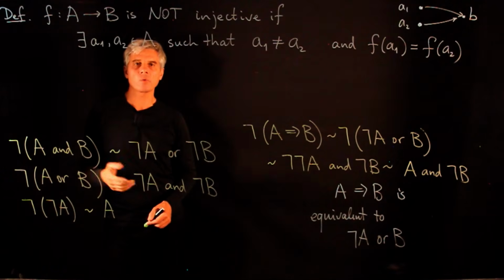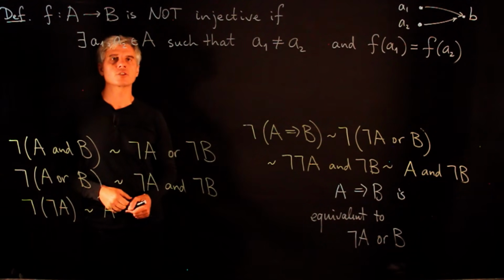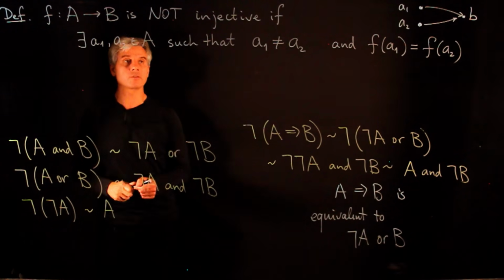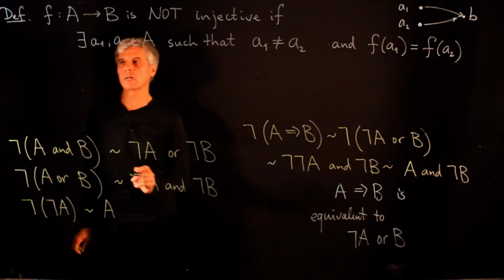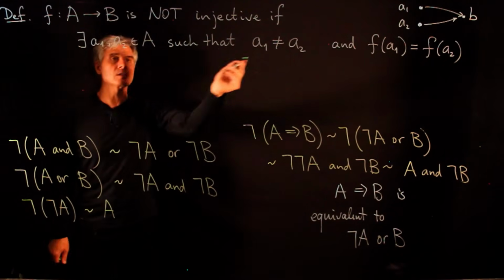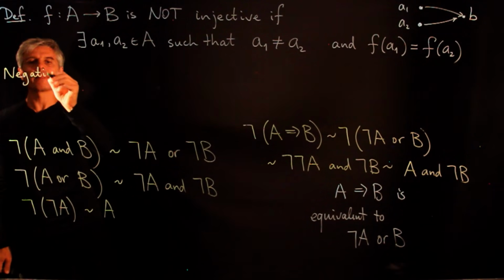Let us apply our knowledge of negations to understanding of injective functions. So here we gave a definition of what is not injective. Right? So this is the condition that defines a non-injective function. So to define an injective function, we need to negate this condition. So let us write down what's the negation.